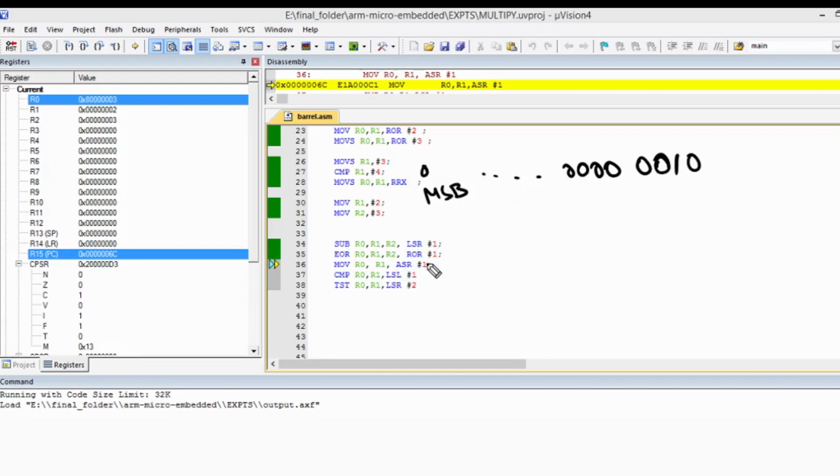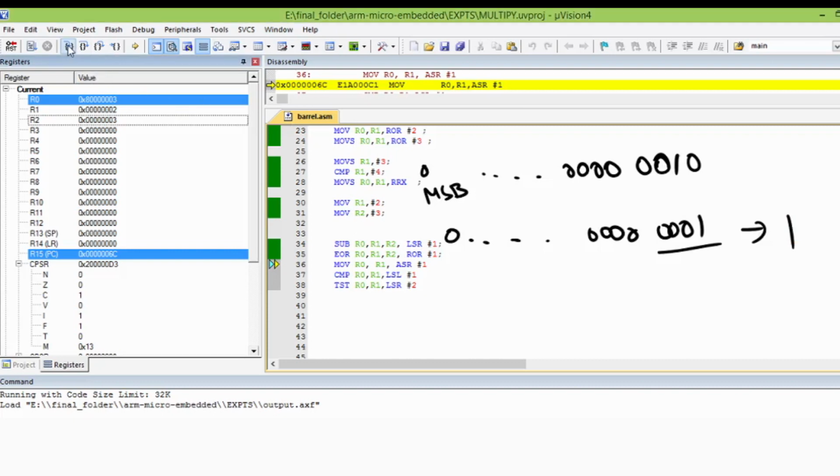Now this should be shifted once, so the answer is 1 here, and all the rest will be 0. What is this value in hexadecimal? 1. So let's see if that's the answer we get. arg0 should be equal to 1. Okay, we got that answer.